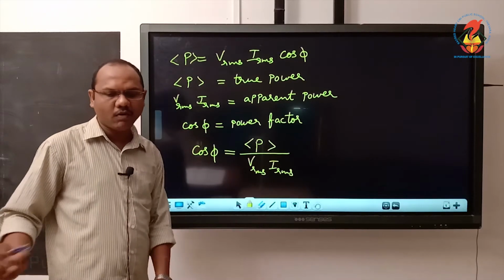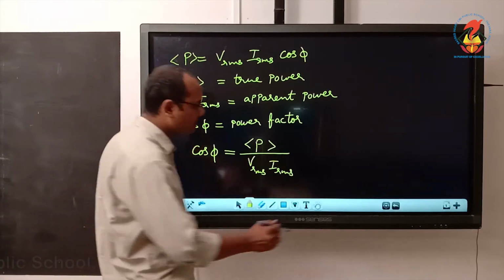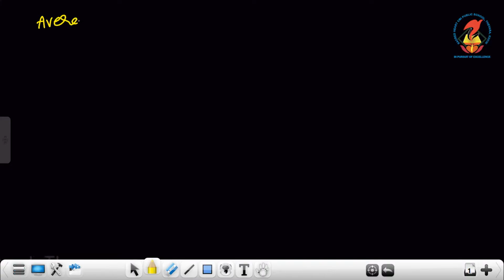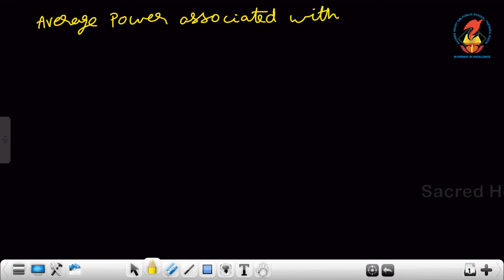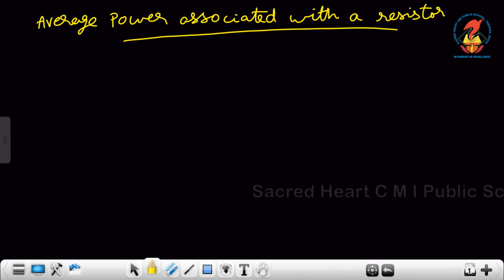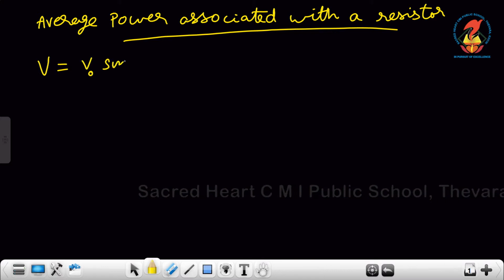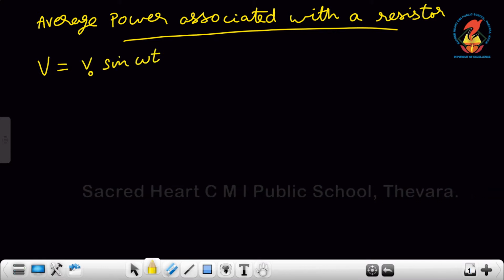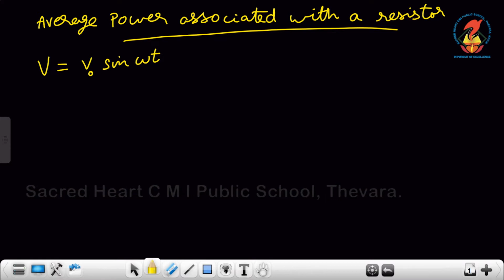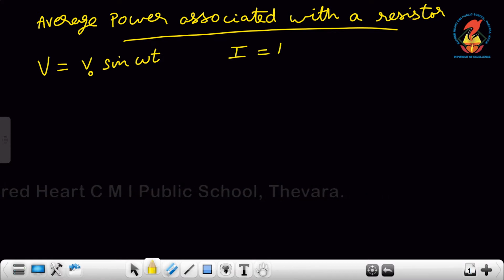Now let us study what is the average power associated with a resistor. We already know the equation V is equal to V0 sin omega t and I is equal to I0 sin omega t.